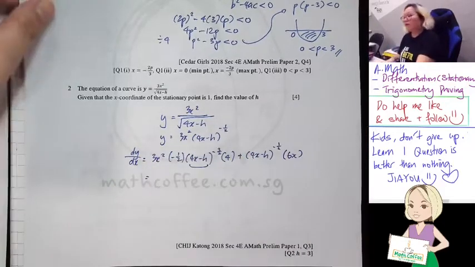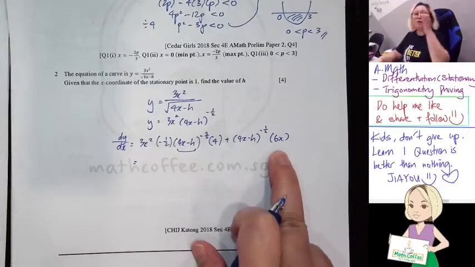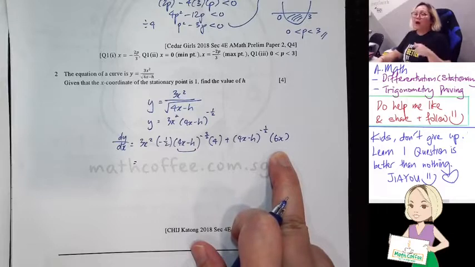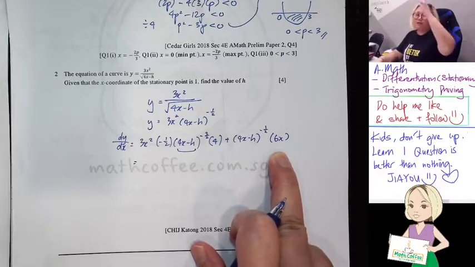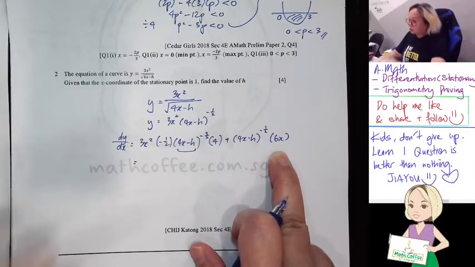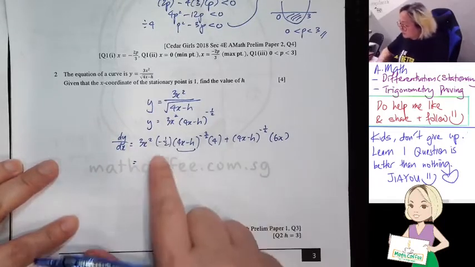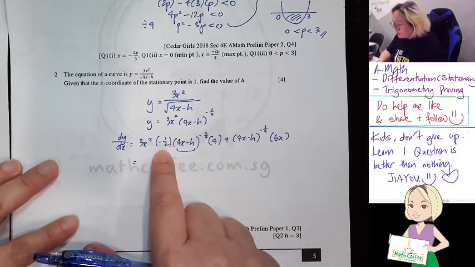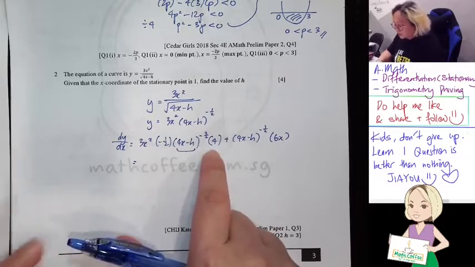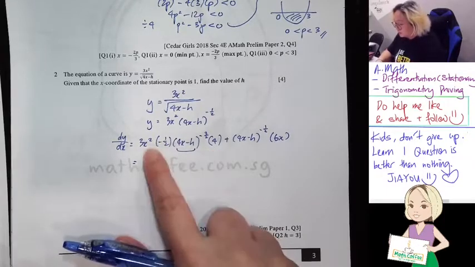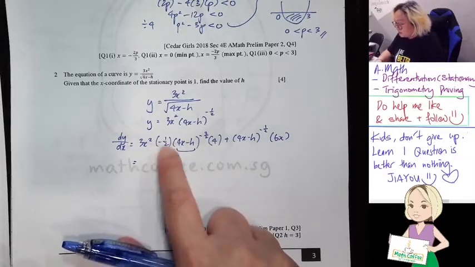Okay, so a lot of students, maybe they can reach here, but then they don't know how to simplify. So over here, I will take out the common factor. 3x squared times minus half and times 4 will give us minus 6x squared.